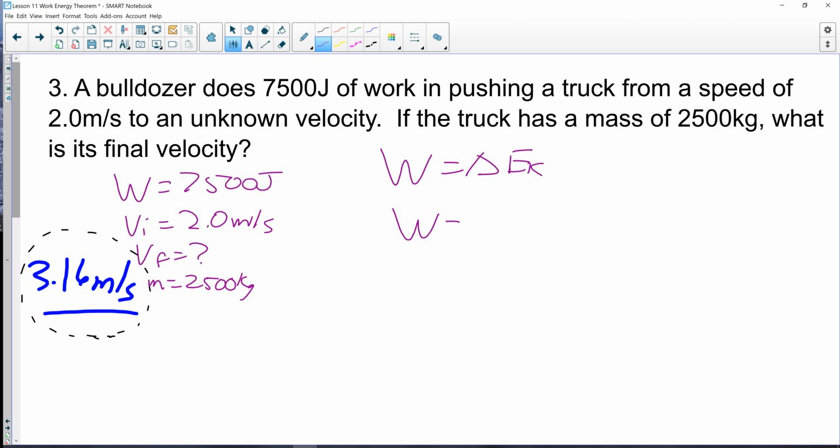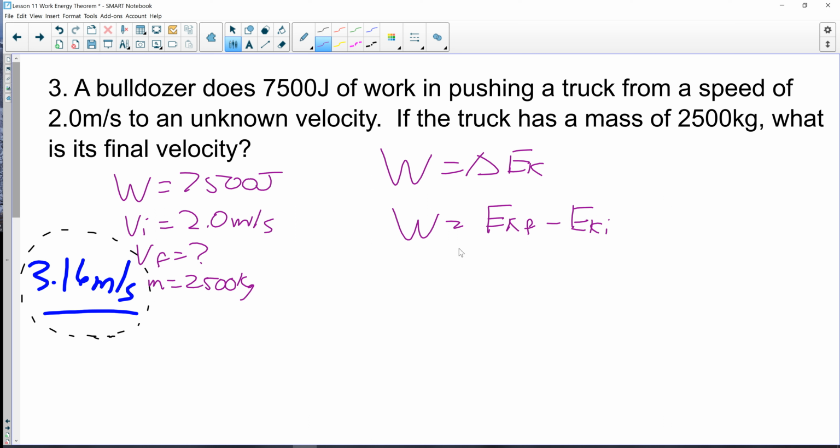So I'm just going to say that the change in kinetic energy is EK final minus EK initial. Now, what I'm looking for is the final speed. That's part of the final kinetic energy. Agreed? So can I move the initial kinetic energy over to the other side right now before I put a bunch of letters in and confuse myself? I can.